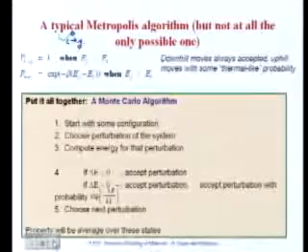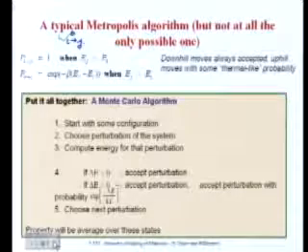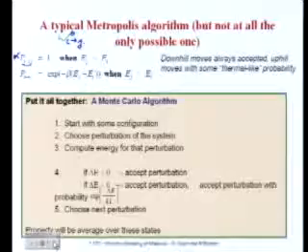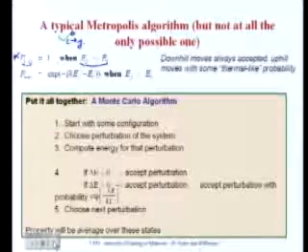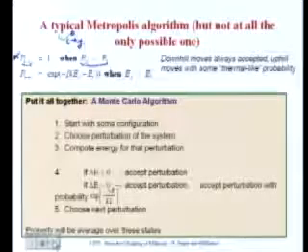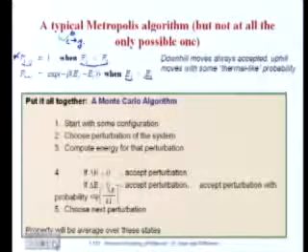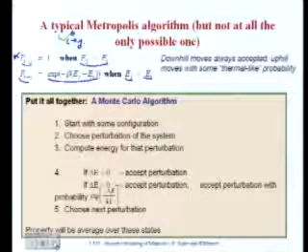And then you have to have an acceptance criteria. And a typical acceptance criteria is that you accept, so the probability from I to j is 1. That means you definitely accept when the energy goes down, so when the new state has lower energy than the previous state. And if the new state has higher energy than the initial state, then you accept with a Boltzmann factor. Okay? So then you accept with a certain probability.